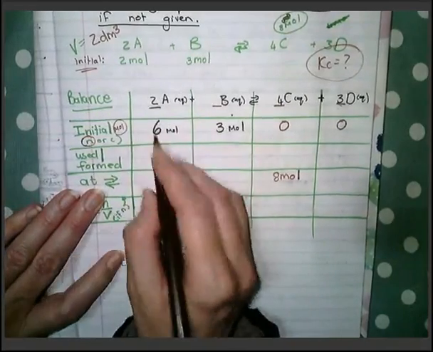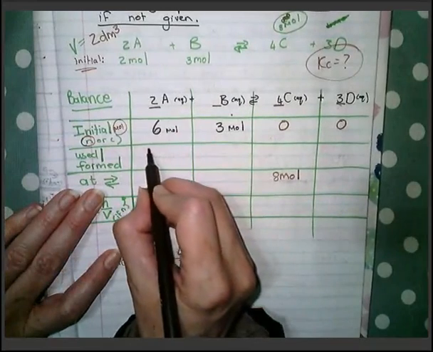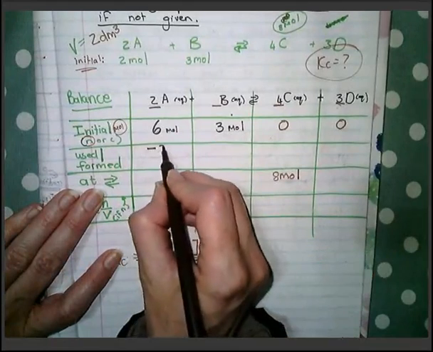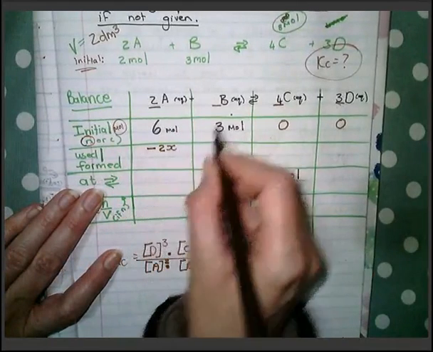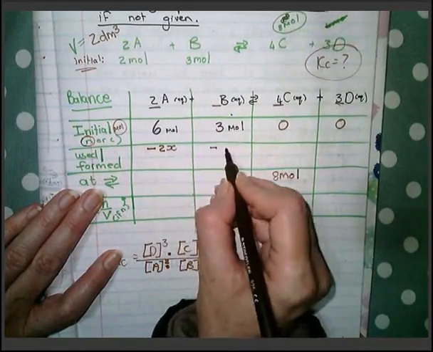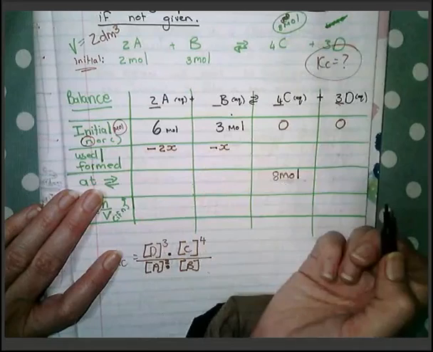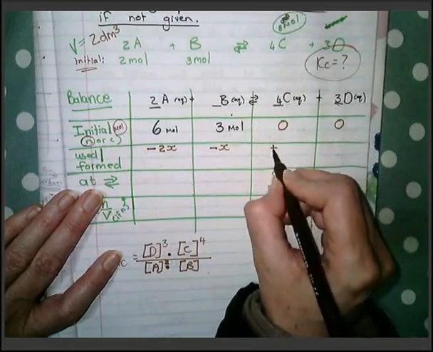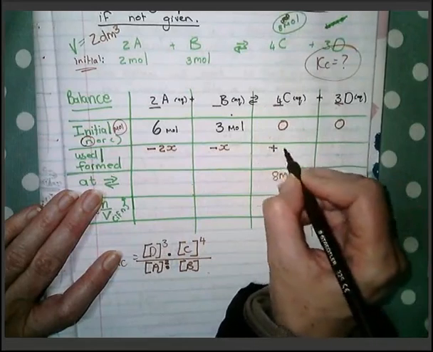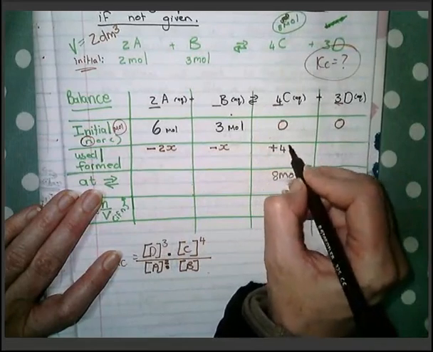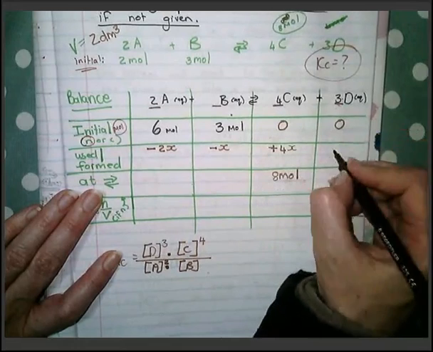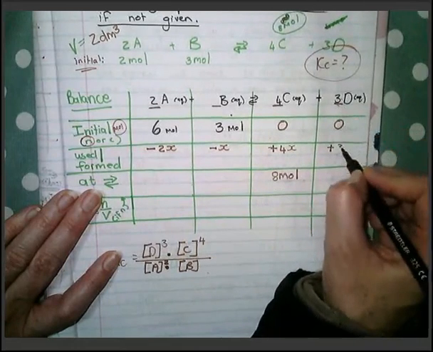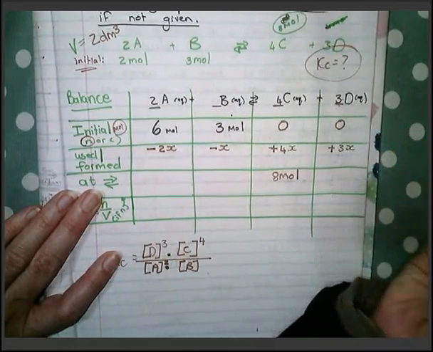This means in terms of X, for A we use, so decrease, 2X. For B we decrease X. C is a product, so we're going to form, increase, 4X. D is a product, so we form 3X.